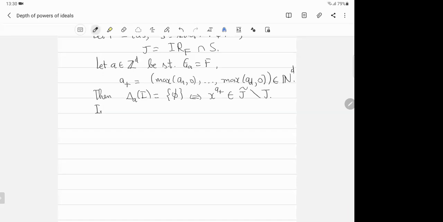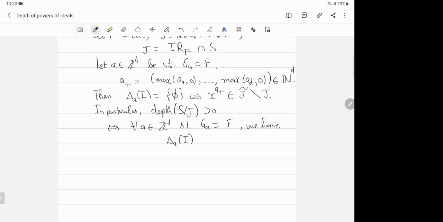So from this, in particular, we have that depth of S/J is positive if and only if for all A in Z^D such that the negative support is F, we have that the degree complex delta_A is different from this complex.